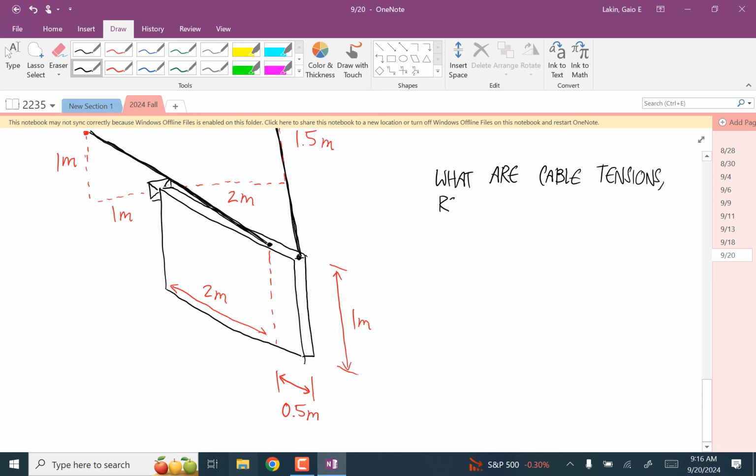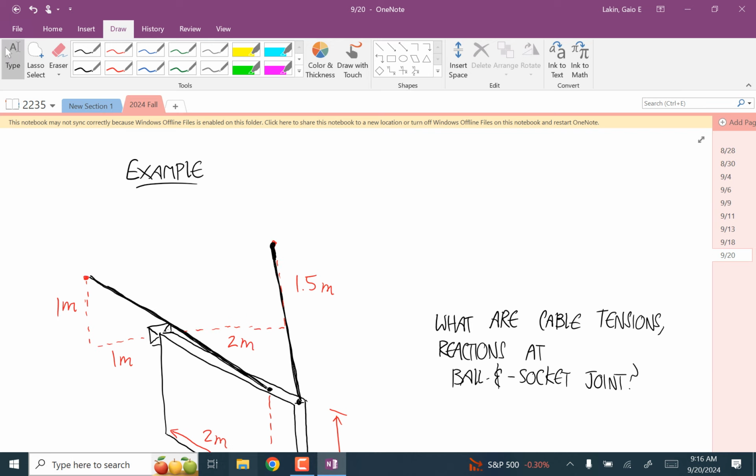And the reactions at the ball and socket joint. I guess I need to give a mass too, and the mass is 50 kilograms.